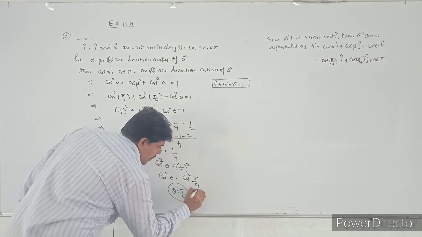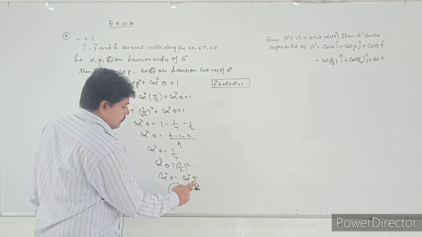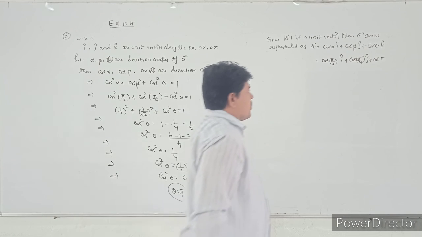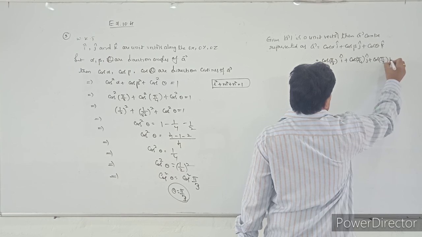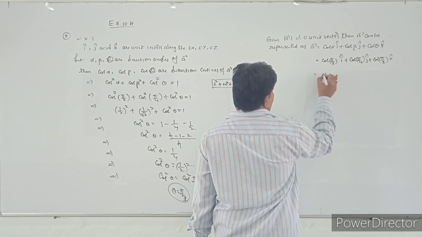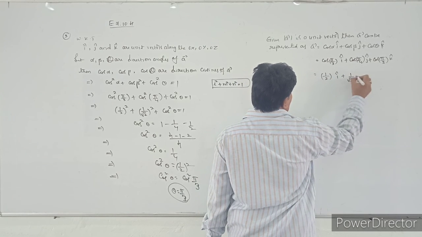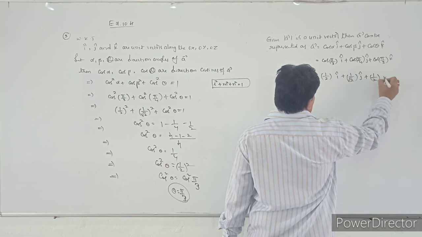So cos pi by 3 into i cap, cos pi by 4 into j cap and cos pi by 3 into k cap. That is 1 by 2 into i cap plus 1 by root 2 into j cap plus 1 by 2 into k cap.